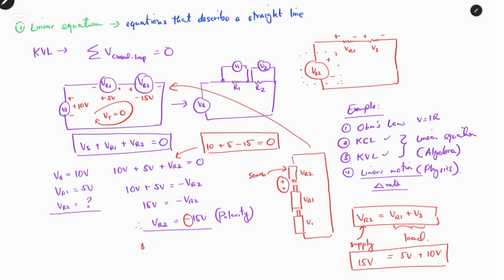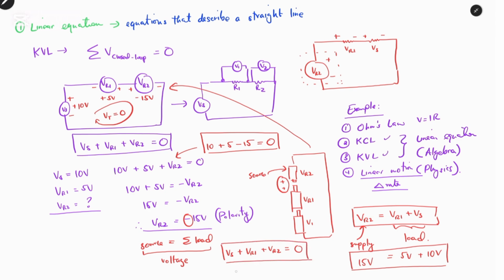So we can say source is equal to the sum of load in terms of the voltage. And when we put it in another way, we normally say that the voltage source plus VR1 plus VR2 must be equal to 0.